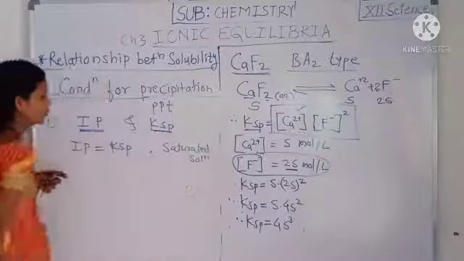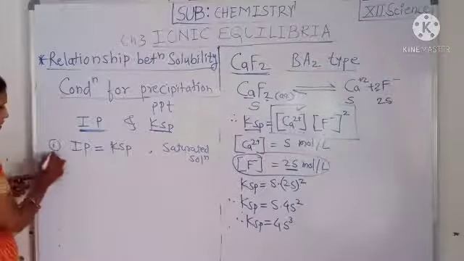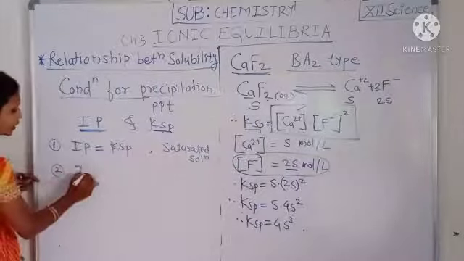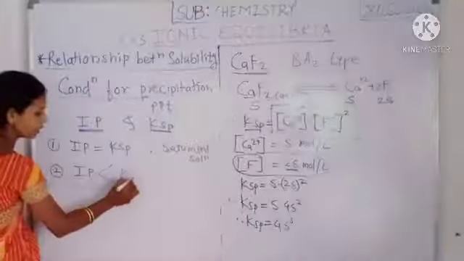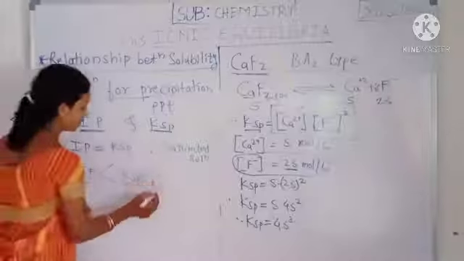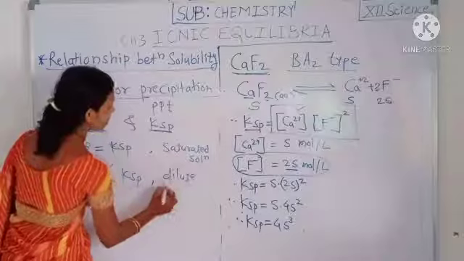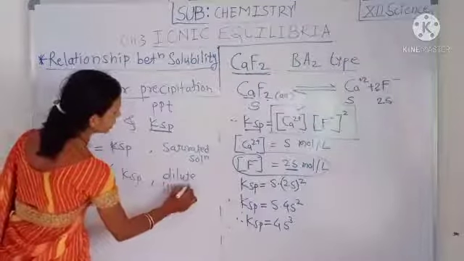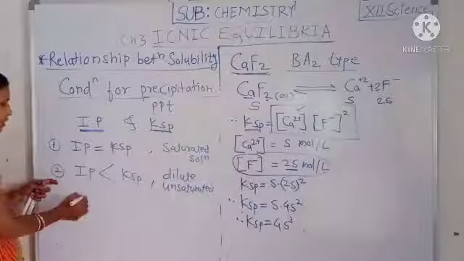Saturated solution. The second condition is that if the ionic product of that salt is less than Ksp, then that solution is a dilute solution, also known as an unsaturated solution.